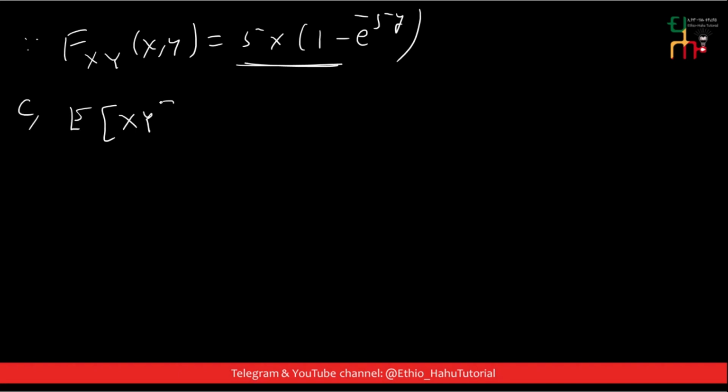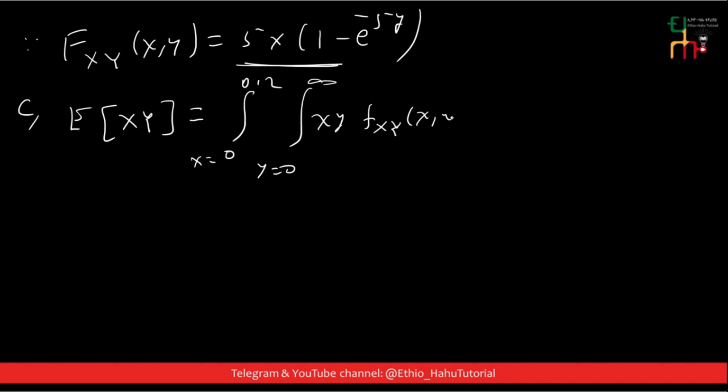Next, the expectation value of xy. Are x and y correlated? To check whether x and y are correlated, first let us find the mean of x times y, which is the integral from 0 to 0.2 for x and from 0 to infinity for y of x times y times the joint probability function f_XY(x,y) dy dx.